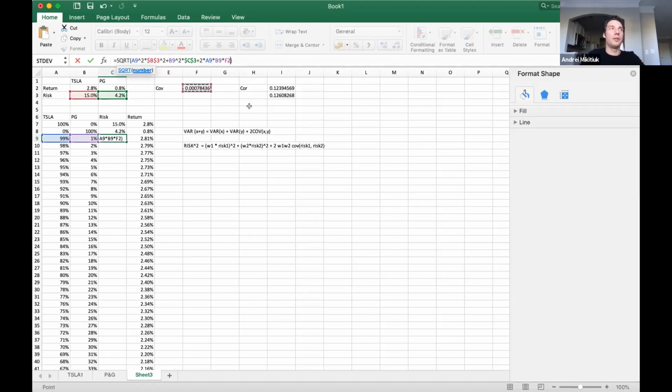And the way to check this, we know that this risk should be fairly close to 15, right? We only invested 1% in Procter & Gamble, so risk should go down, but not tremendously, because it's still 99% Tesla portfolio. Yeah, and we can see that it's 14.8, so it's fairly close.